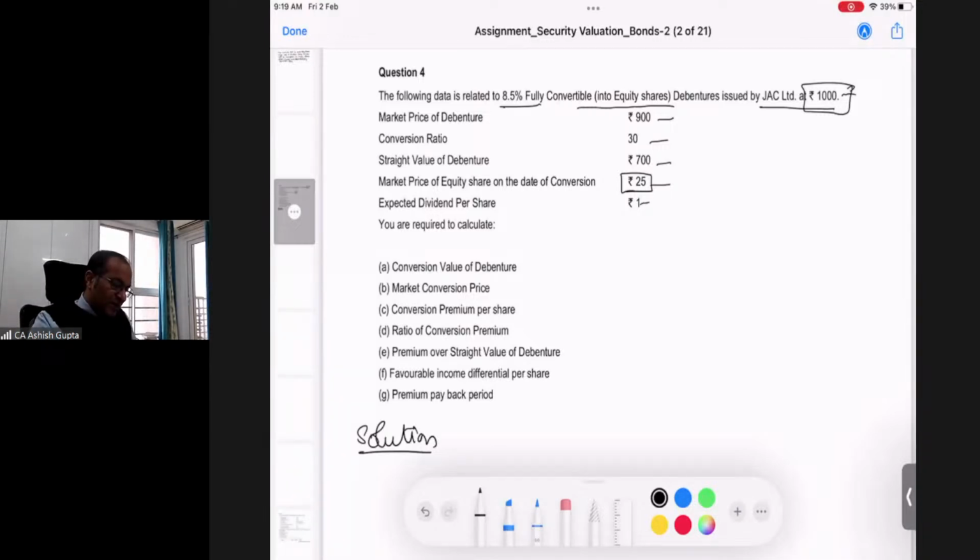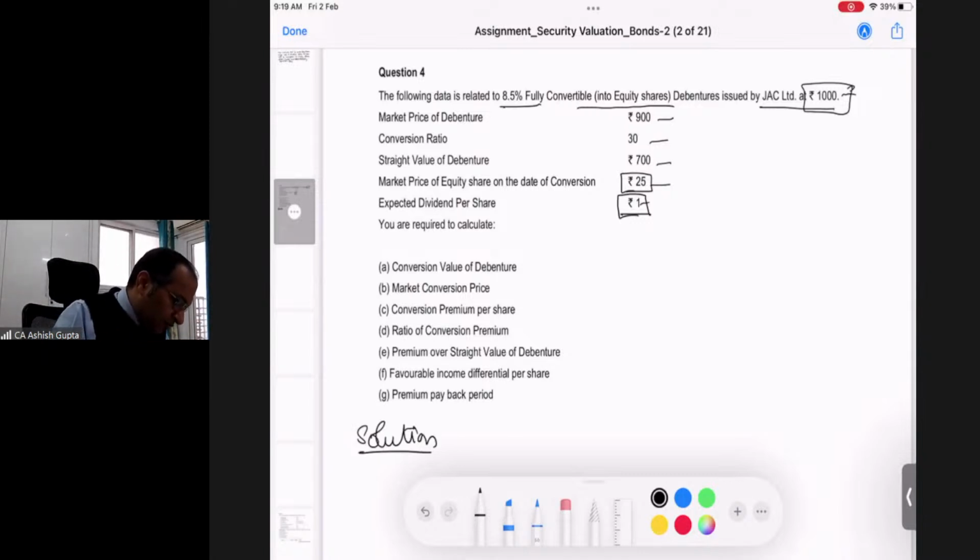Now the expected dividend per share is this. In the case of a debenture or bond, we get the interest payment. Once we get it converted, we get the equity dividend as an investment.